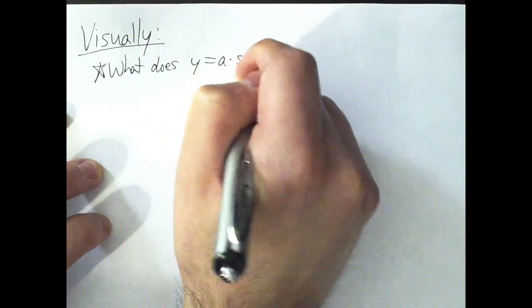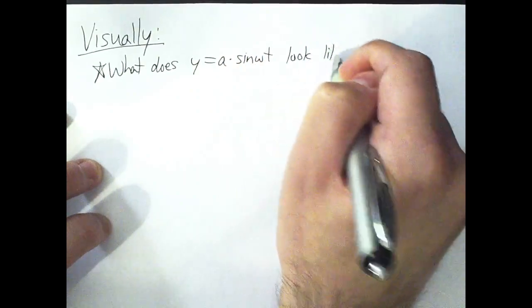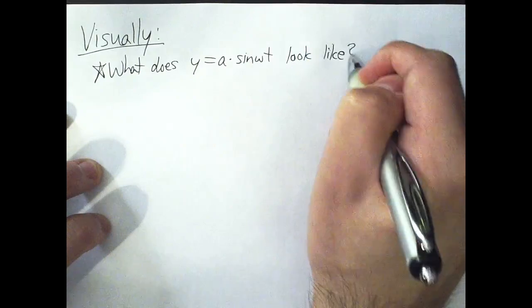So visually, I want to talk about what this looks like, because I drew a quick picture of a spring, but what does y equals a times sine omega t look like? We could also do something like this for cosine, but let's just focus on one of them for now.